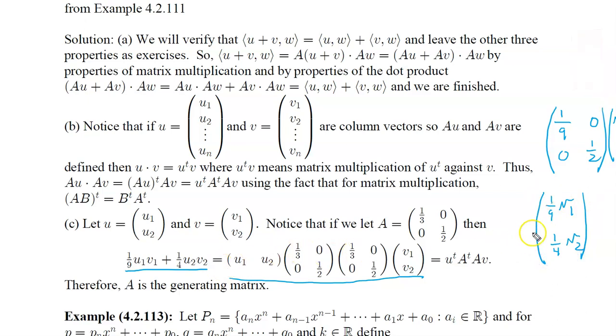And then if we hit that on the left with the row vector u1, u2, like this, you get back u1 times 1/9 v1 plus u2 times 1/4 v2. In other words, you're getting back this right here. Okay, so that's what we had to do there. So that verifies that the matrix that generates this inner product, this weighted inner product right here, is this right here.